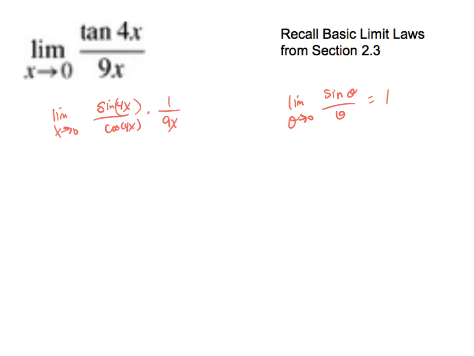So how do we turn a 4x and a 9x into the same theta, though, right? So I'm going to group these two together and I'm going to rewrite this. Okay, so 4x and 9x, of course, are not the same. There's a couple ways. We could pull the 9 out and kind of ignore it and just multiply by a 4 because we don't have to have that 9 to begin with.